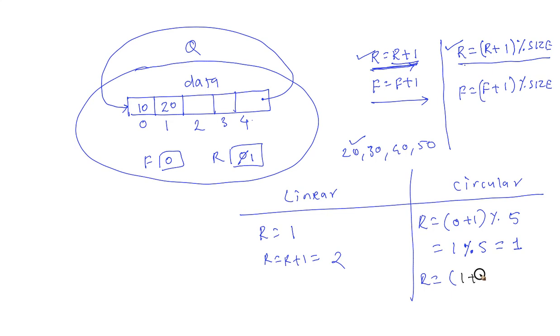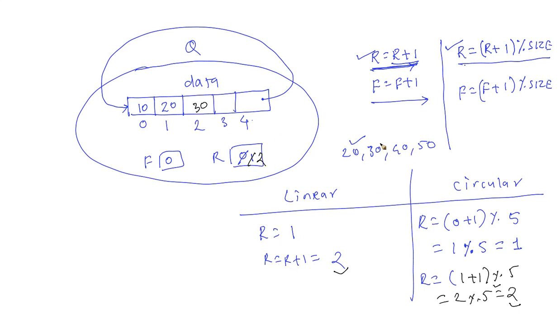So 1 plus 1 mod 5, 2 mod 5 is equal to 2. When I divide 2 by 5, the remainder is 2, quotient is 0. So this is the remainder. Mod will give us the remainder. So here also I got 2, here also I got 2. So I'll insert this 30 at location 2.